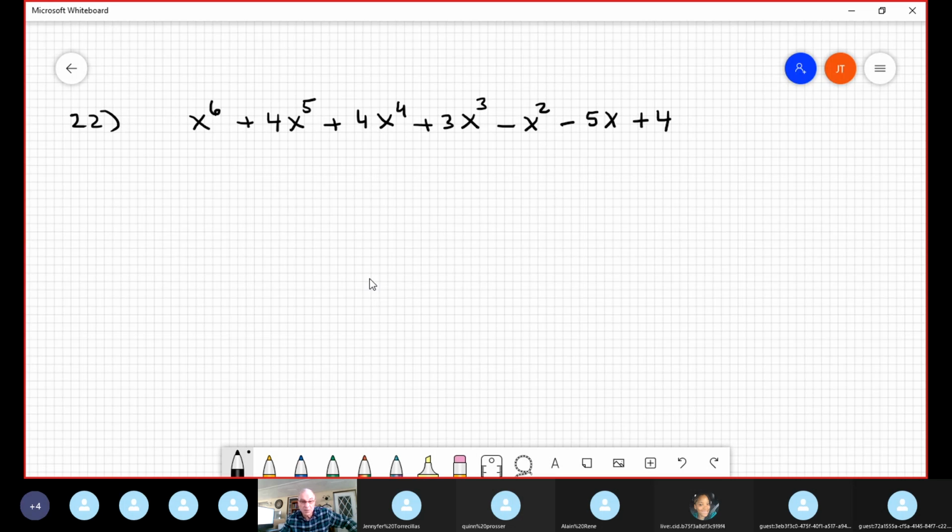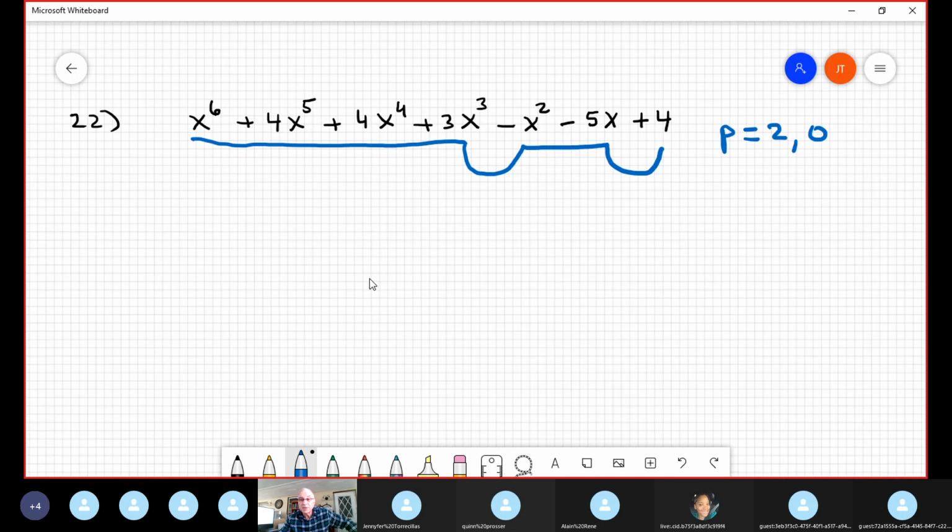Okay, so everyone understand very well the chain of signs. This is positive, this is positive, this is positive. It doesn't change, the sign stays the same. We have one here, no, and yes. Therefore, P is 2, or 0. That means our polynomial predicts 2 or 0 positive real zeros. This is the interpretation of P.